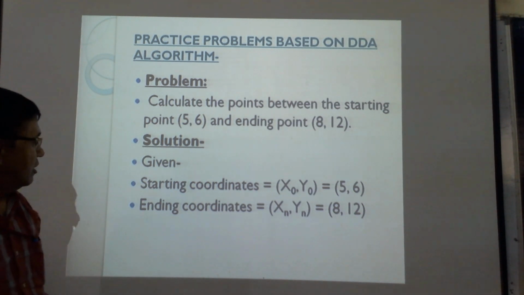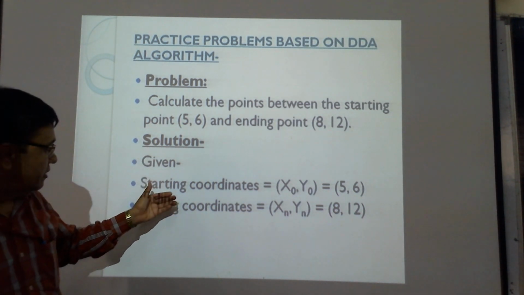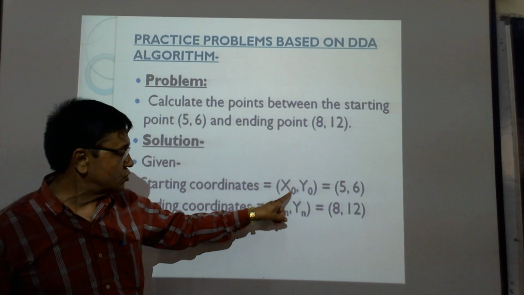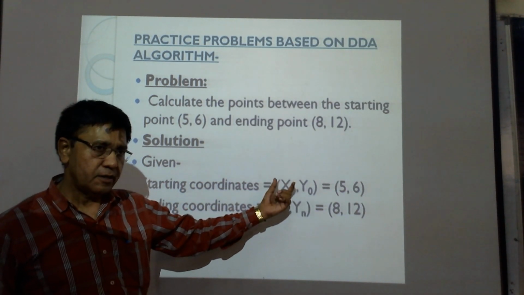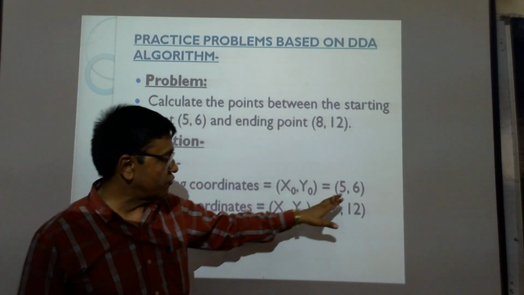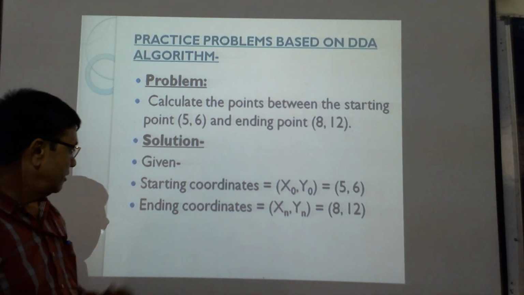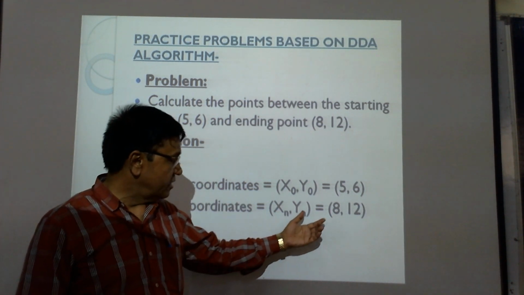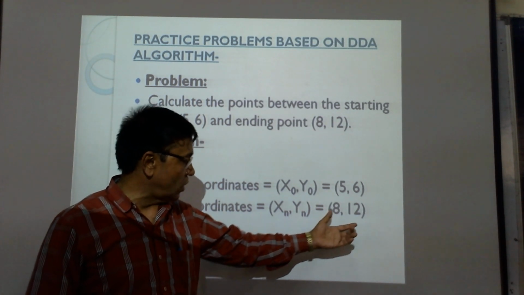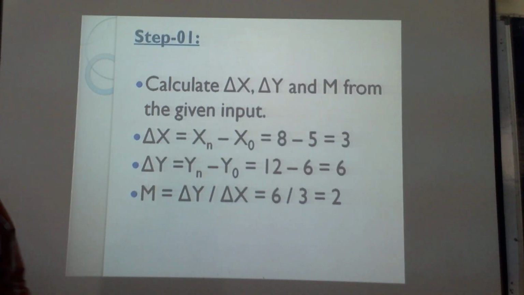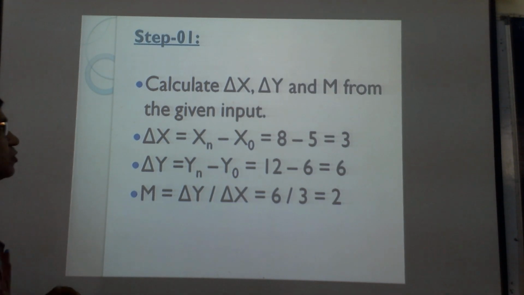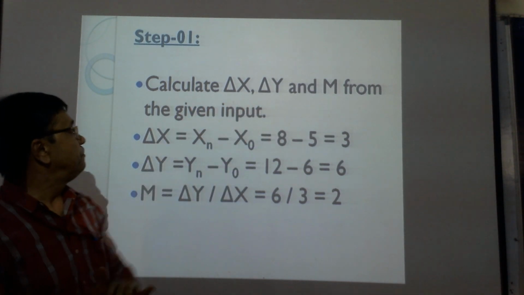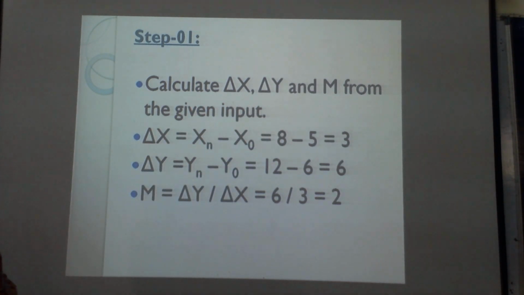Now, in the solution, we consider x0, y0, the starting point, equal to 5, 6, and the ending coordinates xn, yn equal to 8, 12, which is already given. Now we have to calculate delta x, delta y, and m, the slope of the line.